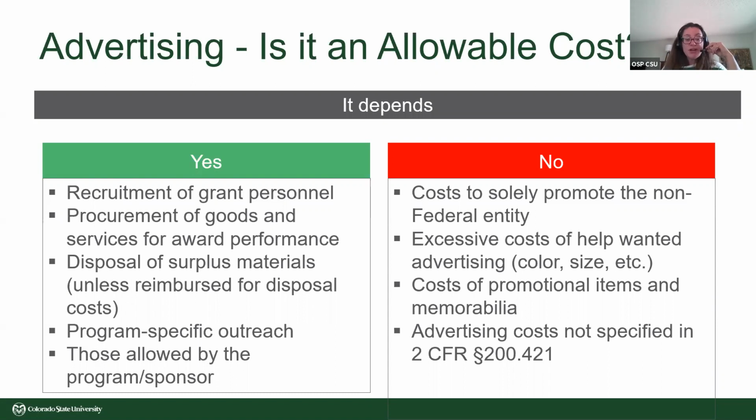So we were allowed to charge advertising costs for recruiting those individuals to the award. So sometimes advertising can be allowable. It's just a matter of knowing if it conforms to any institutional or sponsor limitations.